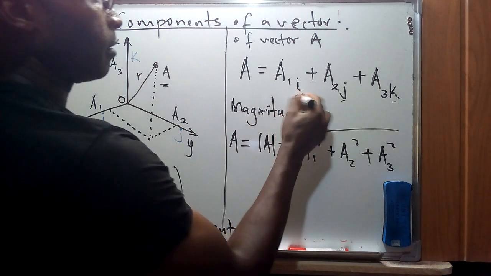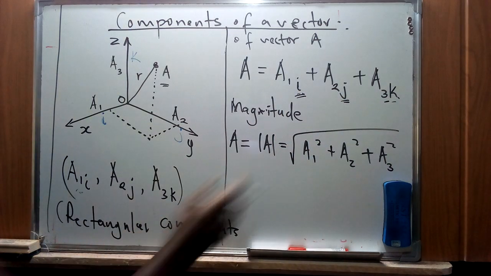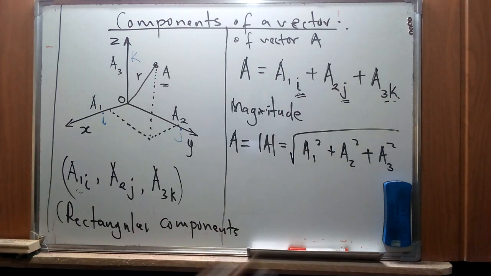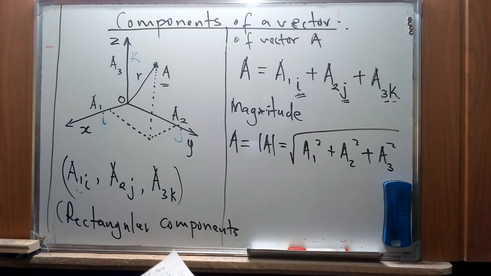In our video on unit vectors, we're going to see how these three components are solved. That is why they do not appear in this section on the representation of the magnitude of vectors.